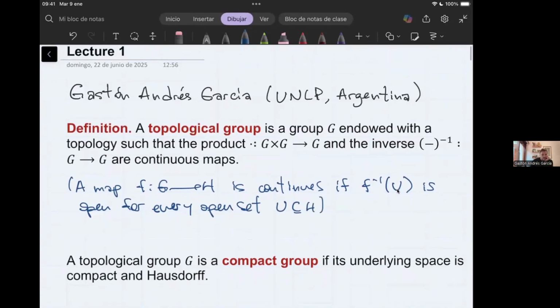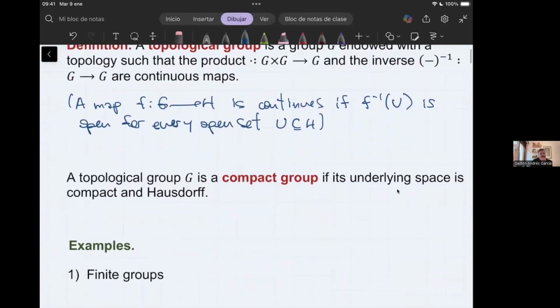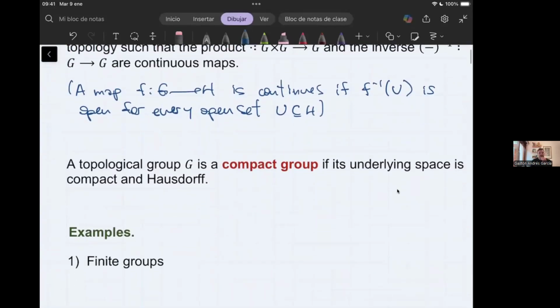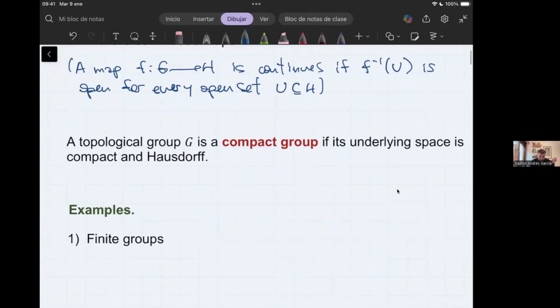Okay? So when we talk about compact groups, we are supposing that G is a compact set, in the meaning that it's compact and Hausdorff with respect to the topology.